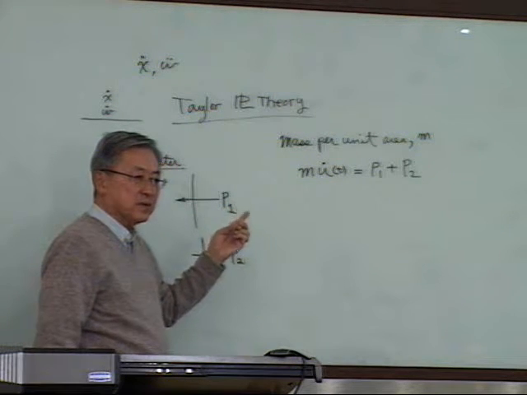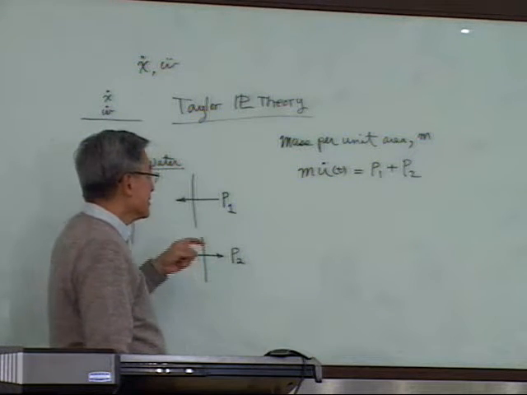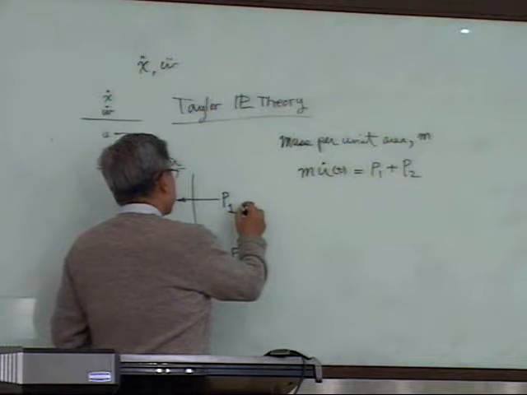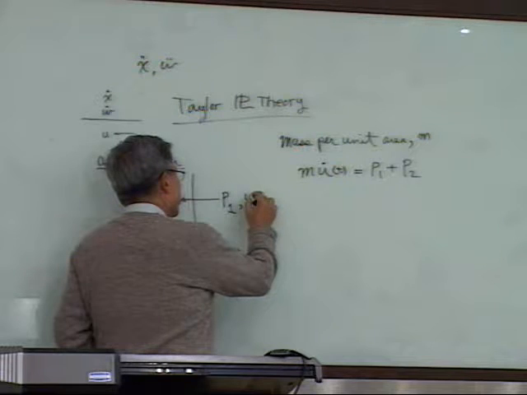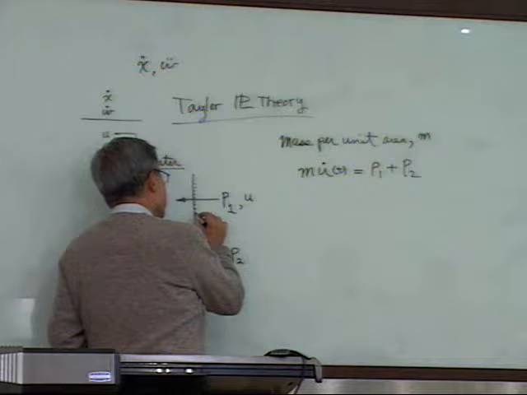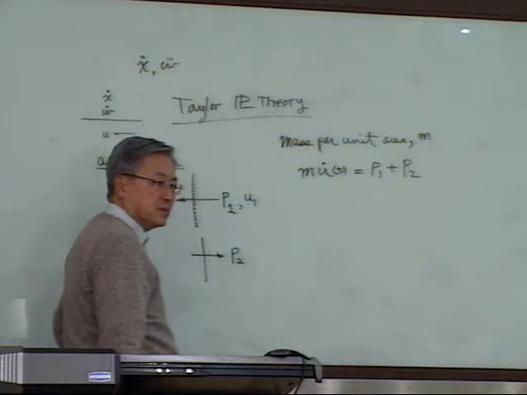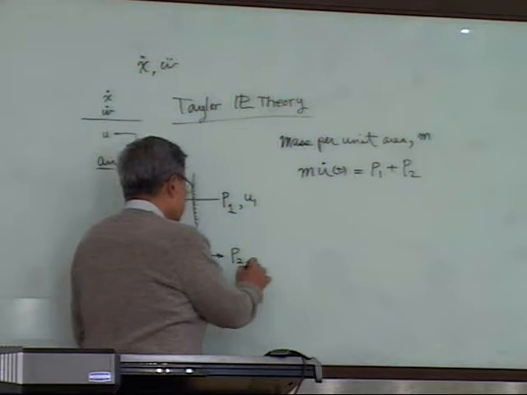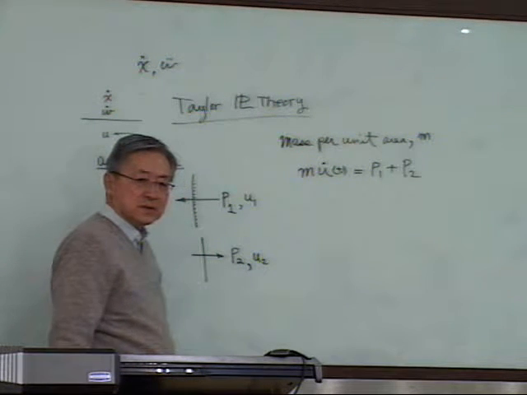So all you have to do is solve this problem, with interface conditions. This U and the P1, and the corresponding fluid particle velocity behind the incident shock wave, let's call U1. Fluid particle velocity, and for P2, let's call U2.